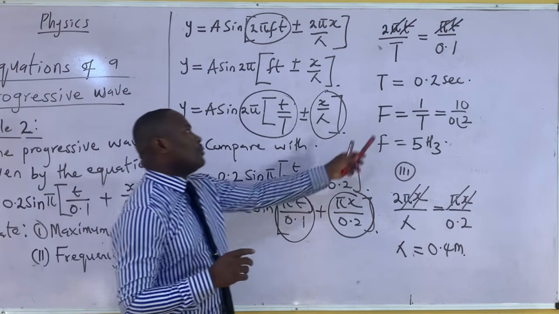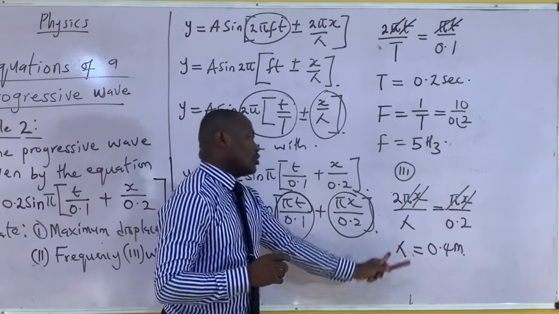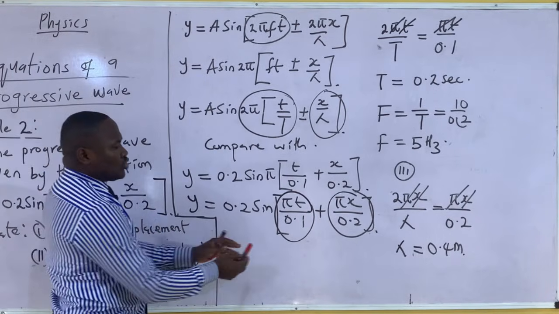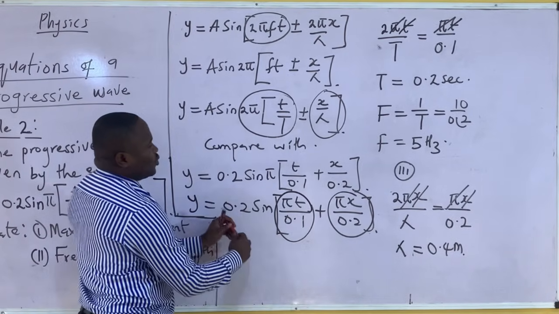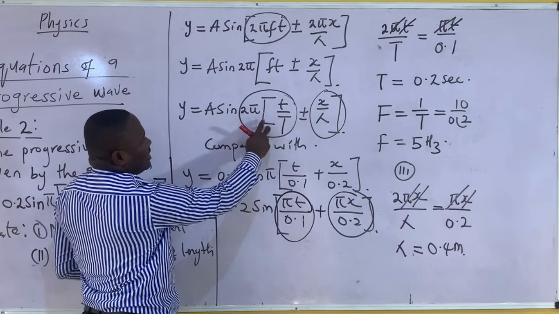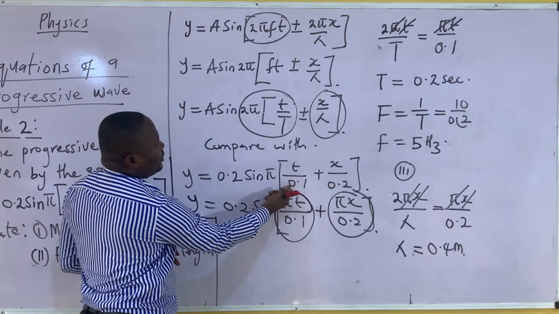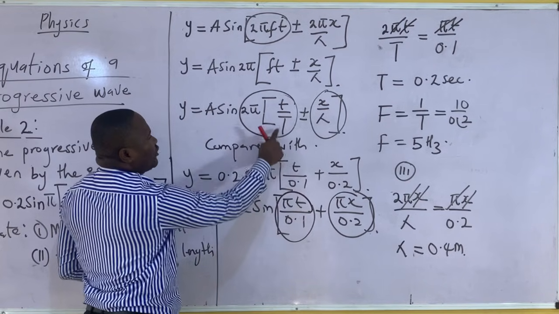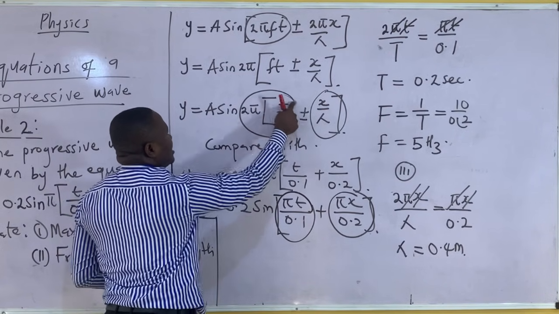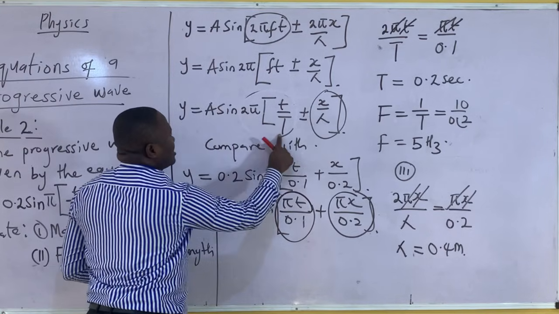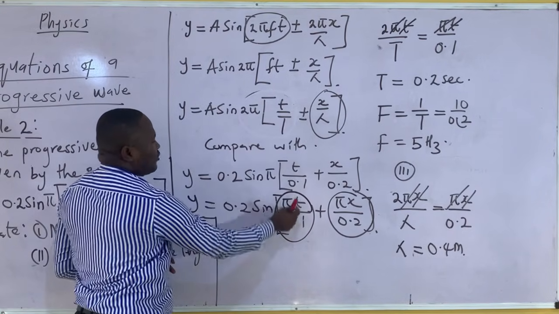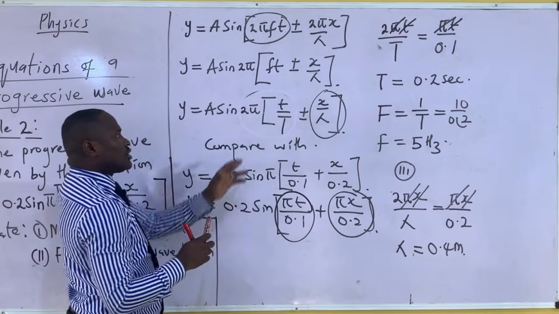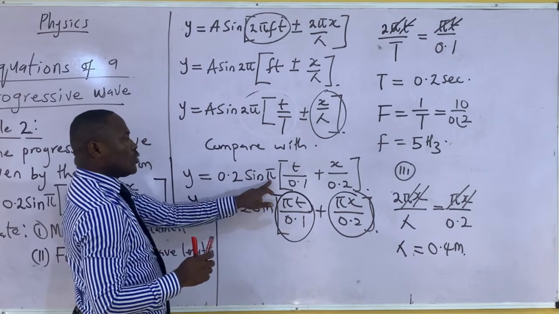So if you see, we have solved for frequency by knowing our period, and also we have solved for wavelength. It is wrong to just assume that since we have arrived here, and here is t, therefore our period is 0.1. It will be a wrong step because what was given outside was not 2 pi.